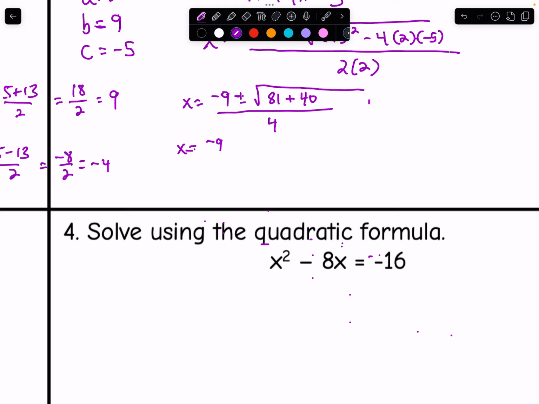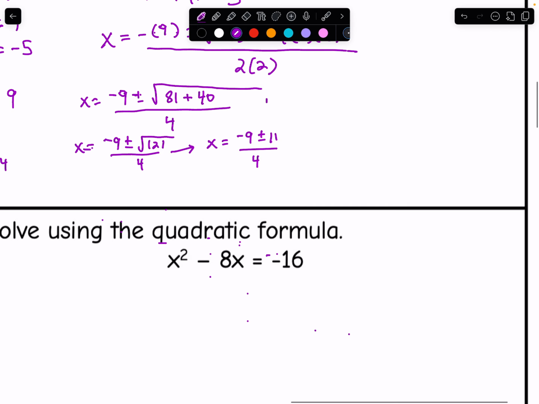All right, so then I get x equals negative 9 plus or minus the square root of 81 plus 40, which is 121, over 4. Then x will be equal to negative 9 plus or minus 11, because that's the square root of 121. So then that separates into 2. X equals negative 9 plus 11 over 4, or x equals negative 9 minus 11 over 4.